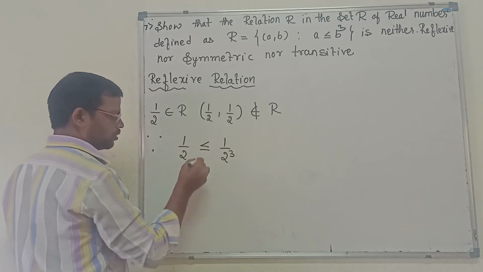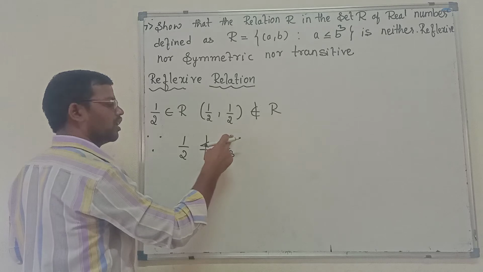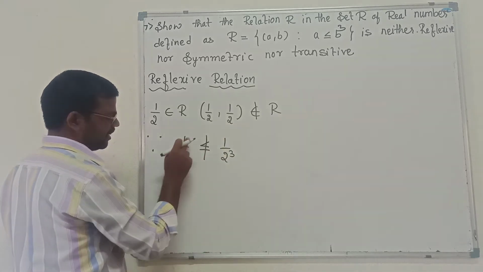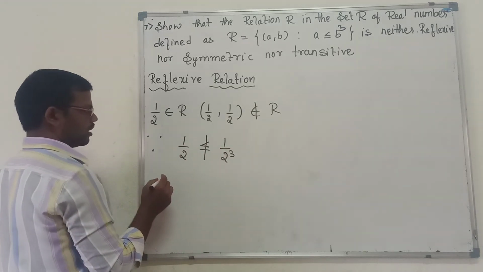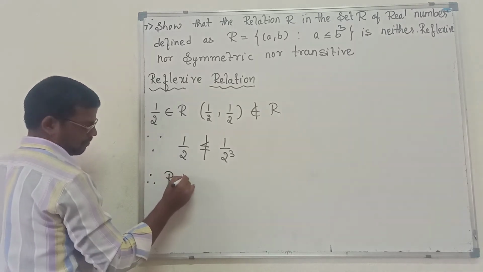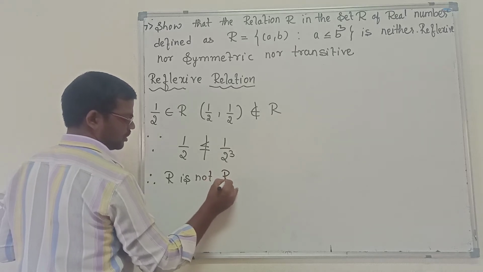It is not possible. 1 by 2 cube is 1 by 8, and 1 by 2 is never less than 1 by 8. Therefore R is not a reflexive relation.